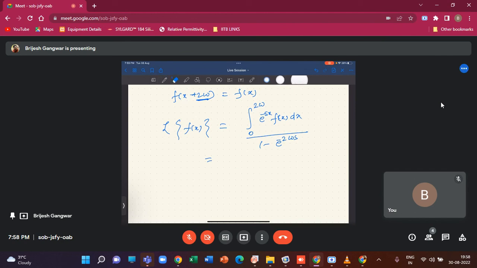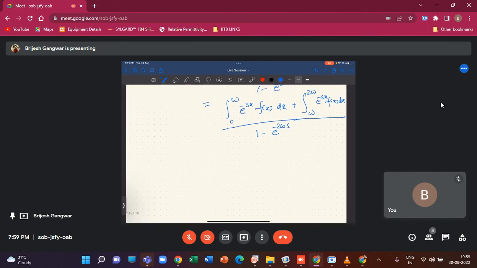Now if we are breaking this into 0 to omega plus omega to 2 omega. So 0 to omega e to the power minus sx f(x) dx upon 1 minus e to the power minus 2 omega s, and here you can write omega to 2 omega e to the power minus sx f(x) dx.